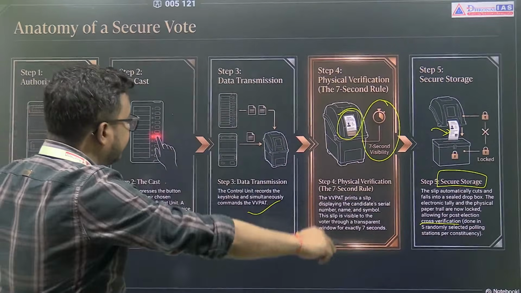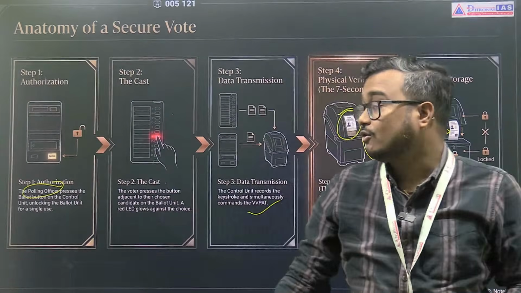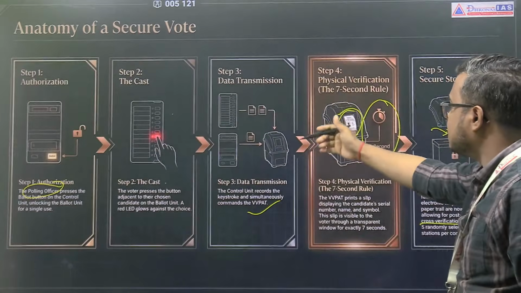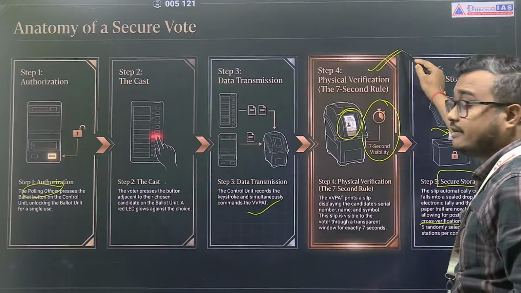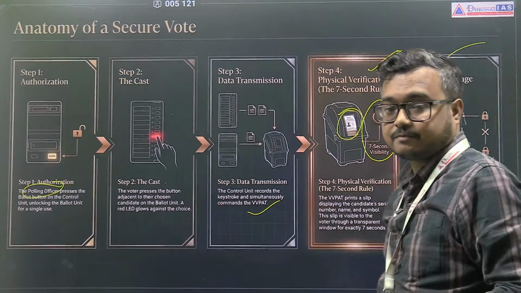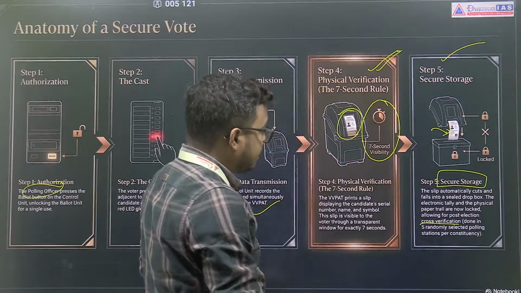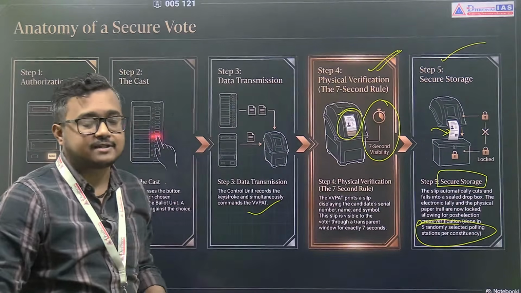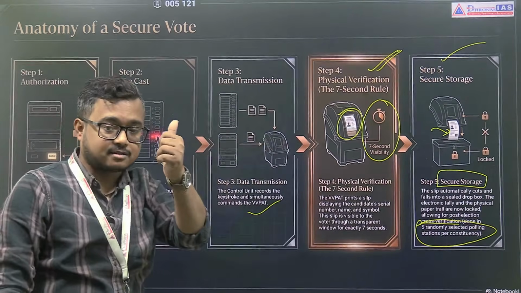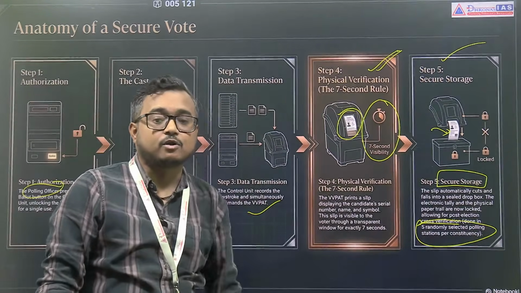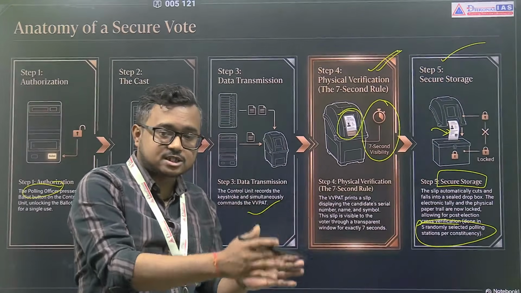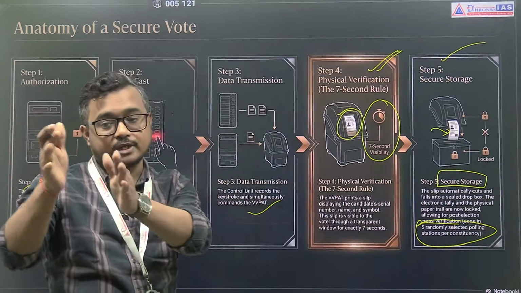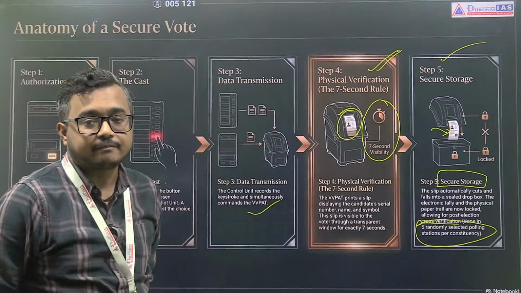So these are the entire steps to ensure a secure vote: authorization, casting, transmission, physical verification, which is very very important, and then the storage. Generally, in randomly selected polling stations per constituency, they will check the entire voter slips. They will count the voter slips, check them serially, and match them with the voting in the EVM.